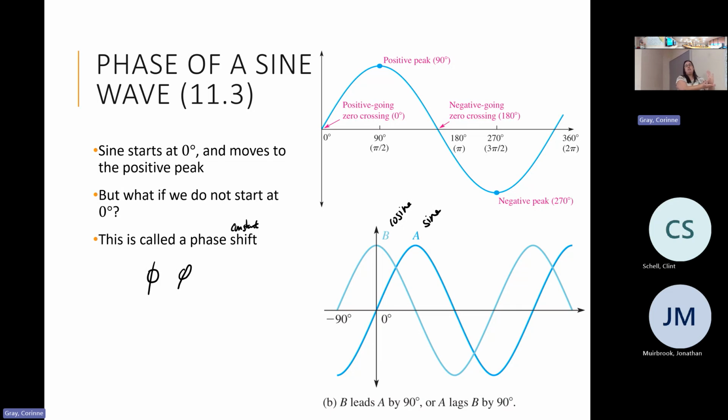As I go to 90 degrees, I am decreasing cosine and increasing sine until I hit 90 degrees where cosine is 0 and sine is equal to 1. This is why B leads A by 90 degrees. It reaches a maximum 90 degrees or pi over 2 radians before the other does. So we can say B leads A by 90 degrees, or we can say A lags B by 90 degrees.